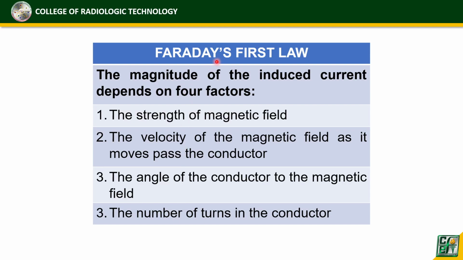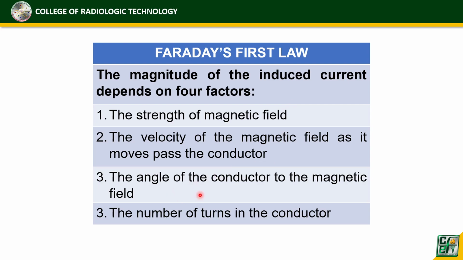So Faraday's first law. The magnitude of the induced current depends on four factors. The strength of magnetic field, the velocity of the magnetic field as it moves past the conductor. So yung bilis ng paggalaw ng magnet, di ba kanina? Nakaka-apekto siya sa magnitude o sa lakas ng current na ma-produce.